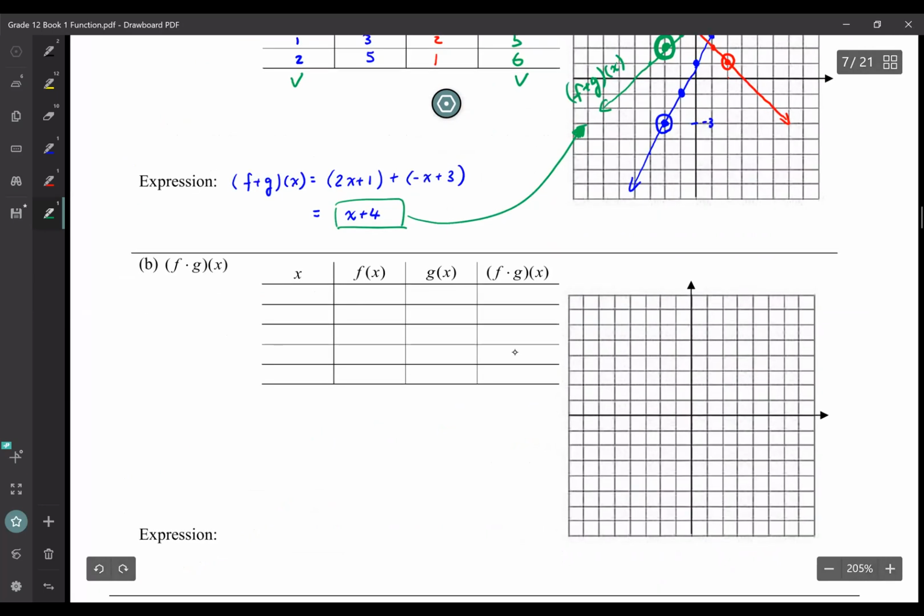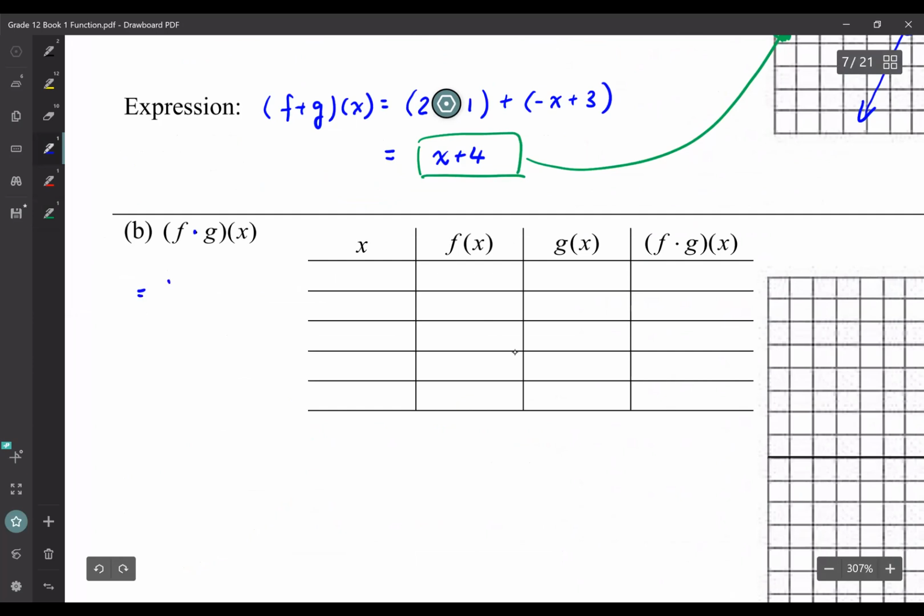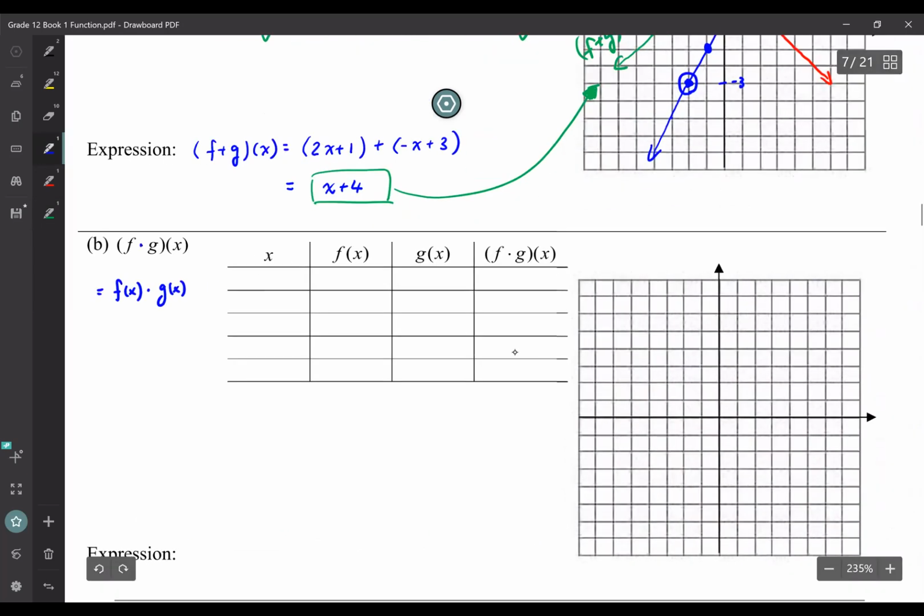This time we have a dot, right in the middle. That means multiplying. The expression for this looks like f, meaning f of x times g of x. So instead of adding, we have multiplication here. We're going to try with the same x values: -2, -1, 0, 1, 2.